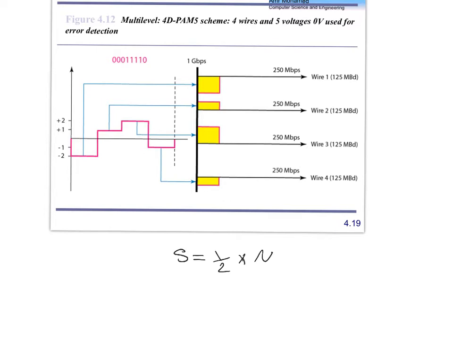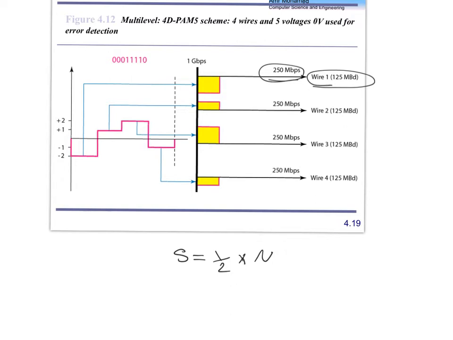So if n is 1 gigabit per second, then the total signal rate is 500 megabits per second. They divide this amongst the 4 lines, so each of them will have 250 megabits per second, and therefore the signal rate for each one is 125, which is half of this. So the signal rate will be 125 megabaud for sending 250 megabits per second.